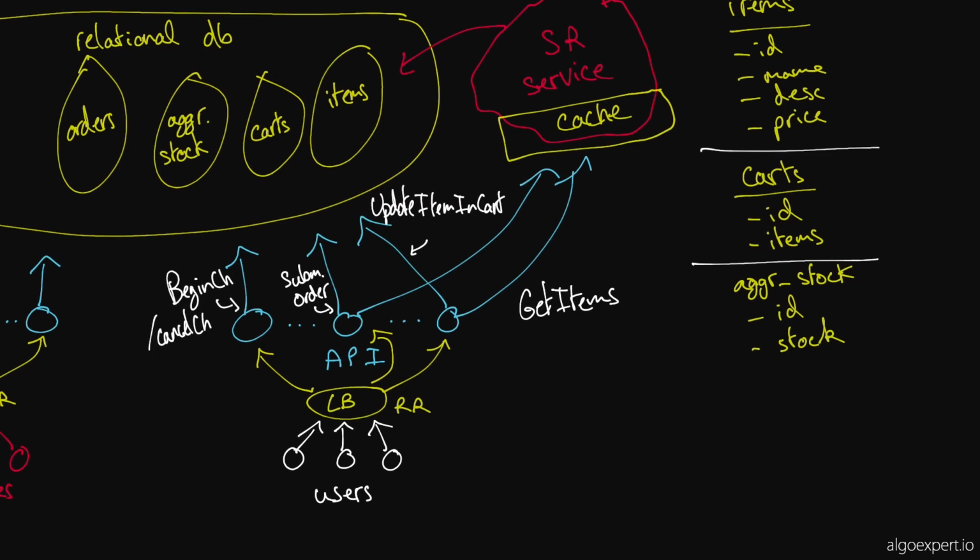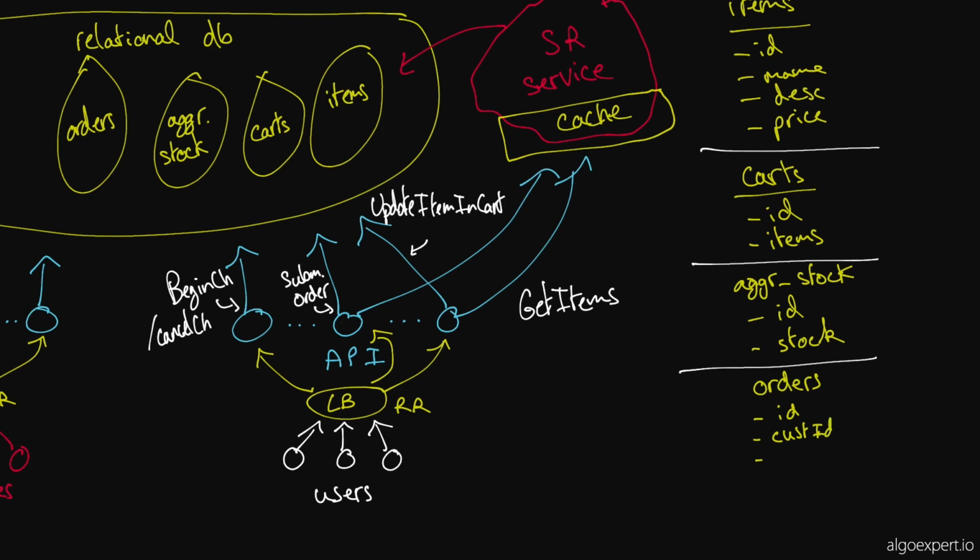So maybe we can write out here the orders table schema, right? Do this line again. So we have our orders, and this is going to have something like an order ID. What else would we have in an order? You'd probably have a customer ID, cust ID.